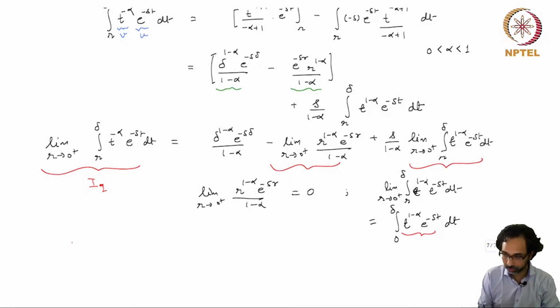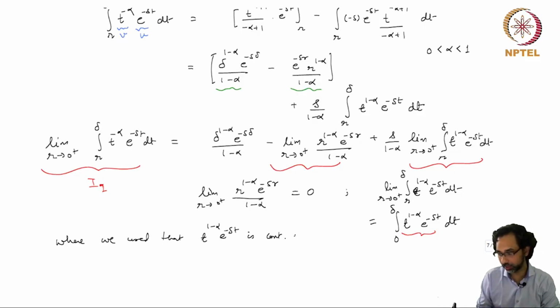So we used that t to the power 1 minus alpha exponential minus st is continuous on 0 to delta, 0 included.